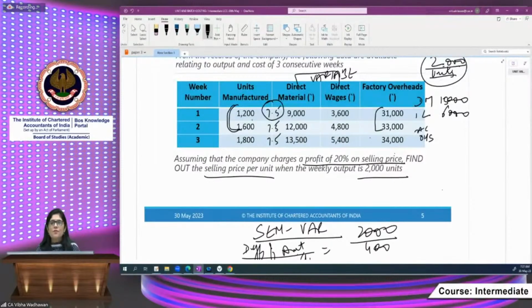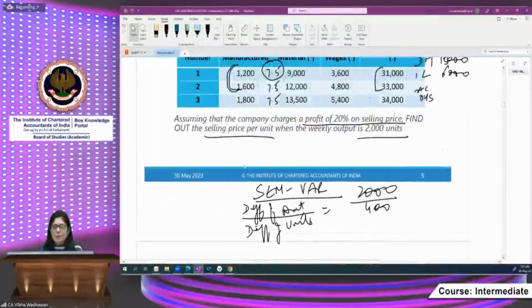Students, this is the way we are calculating variable cost per unit. Clear? So we are splitting the semi-variable cost into variable and fixed. So this way we will get the variable cost per unit. So 2,000 divided by 400. 2,000 is the difference in amount of these two, 31 and 33, and the difference in units of quantity is 400. So 2,000 divided by 400, 5 per unit.